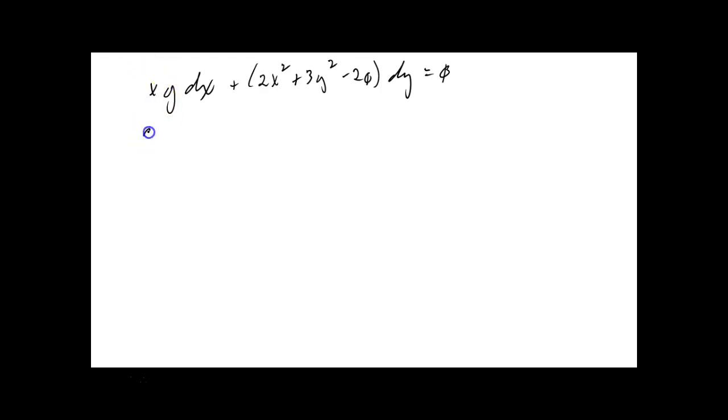Partial with respect to x and partial. Okay, partial of xy with respect to y, the other one, right? And we'll do the partial of 2x squared plus 3y squared minus 20 with respect to x. Okay, what's the partial of this one with respect to y? Yeah, this will just be x. Okay, and what's the partial of this with respect to x?